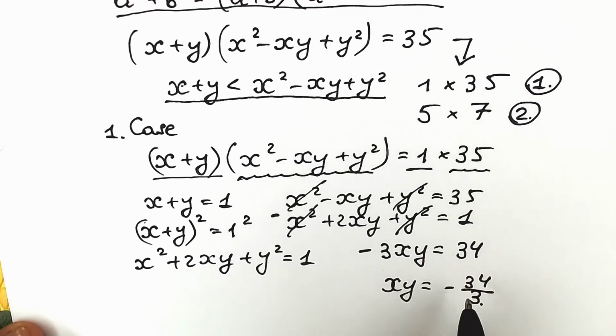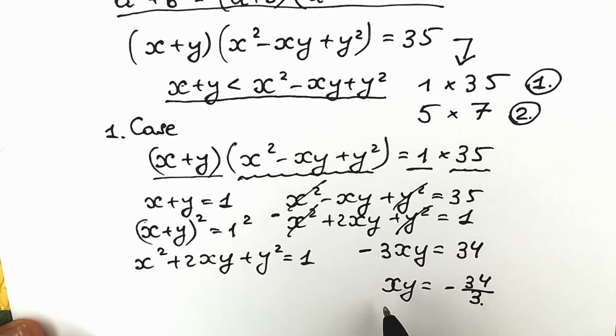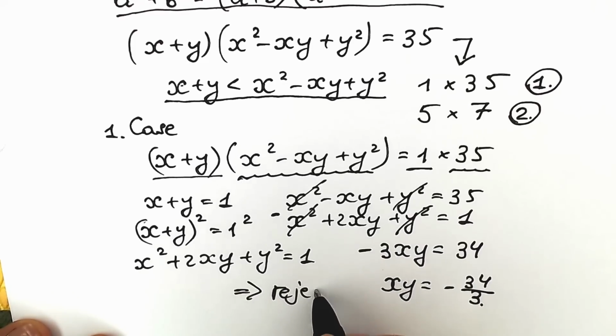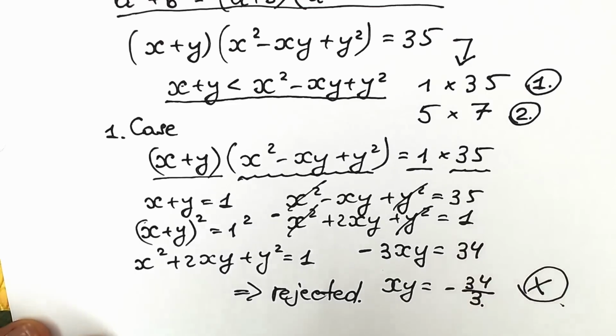So we're talking about integers, and when we're talking about integers, it cannot be real in terms of the negative sign and in terms of this 3 in our denominator. So we reject this first case. So this is our rejected case. Okay, so I hope you understand why we reject this first case.